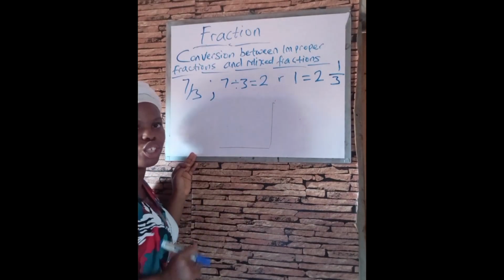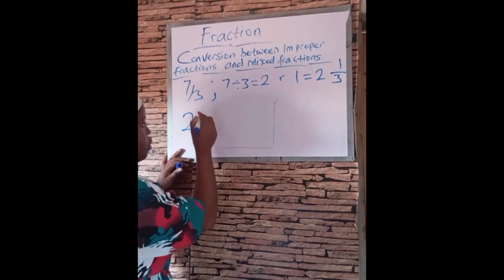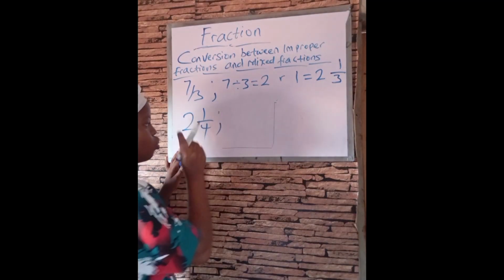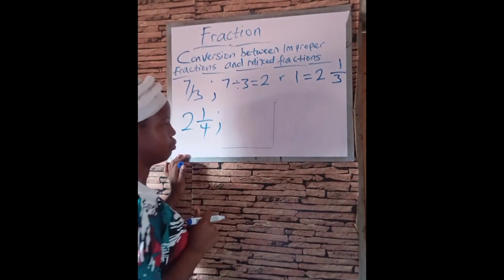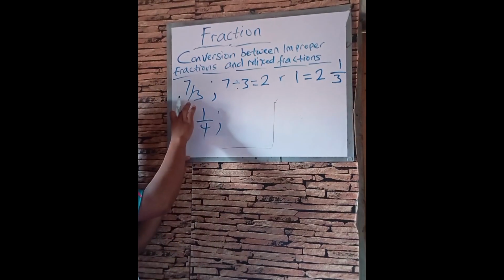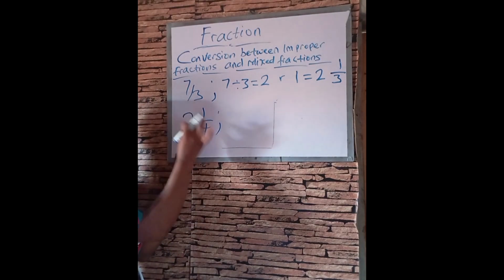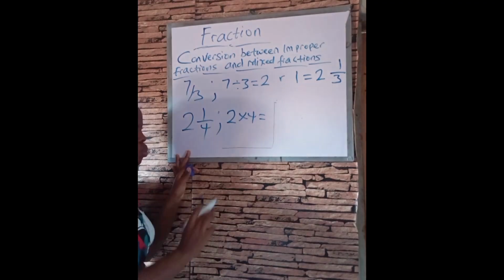Now for mixed fraction to improper fraction, let's try this: 2 and 1 over 4. To convert this mixed fraction to an improper fraction, the first thing to do is to multiply the whole number by the denominator. So we have 2 times 4. This will give you 8.